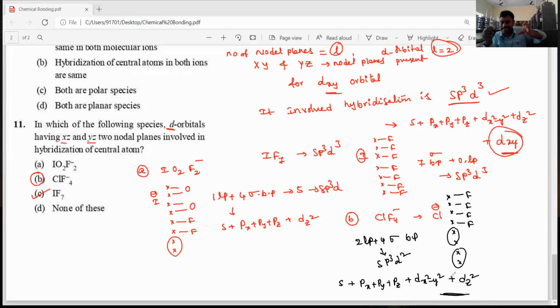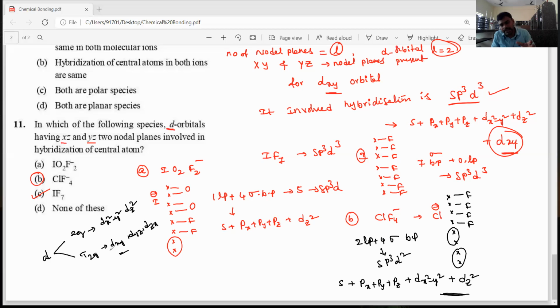The xz and yz nodal planes must belong to dxy, dyz or dzx, any t2g, because the d orbitals are divided into two types, eg and t2g. The eg atomic orbitals are dx square y square and dz square, and the t2g atomic orbitals are dxy, dyz and dzx.